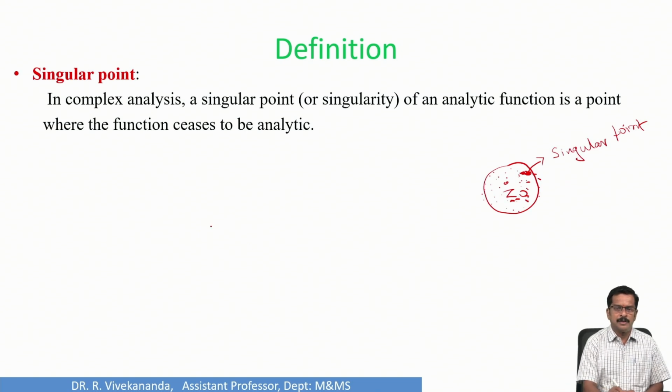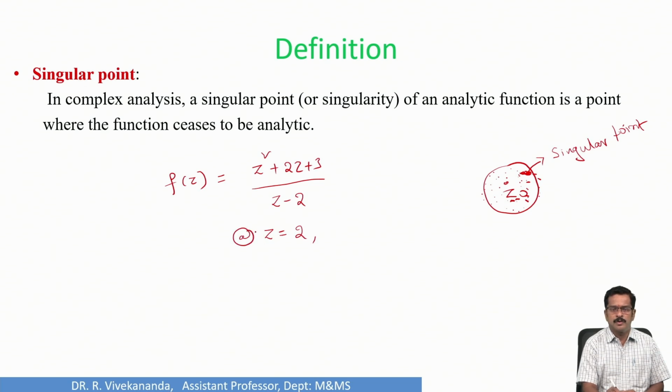For example, f(z) equals z square plus 2z plus 3 divided by z minus 2. The function ceases to be analytic at z equals 2. At z equals 2, the differentiation of f(z) does not exist. Therefore, z equals 2 is a singular point.